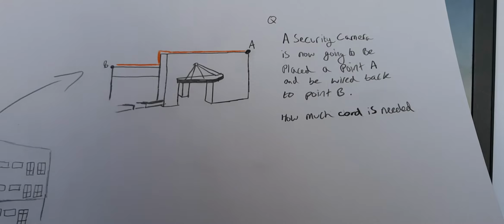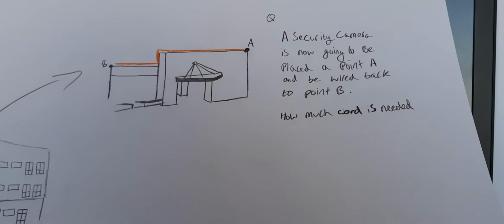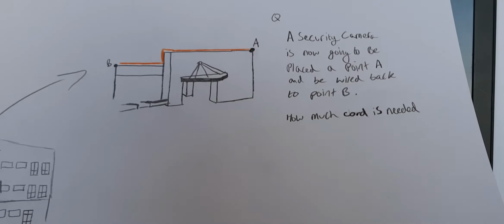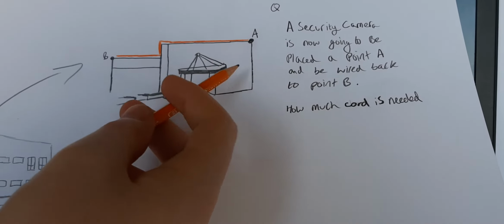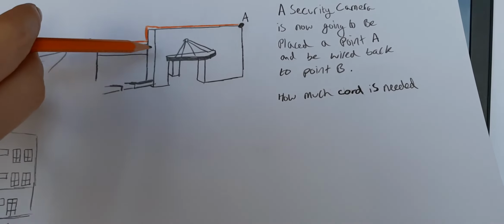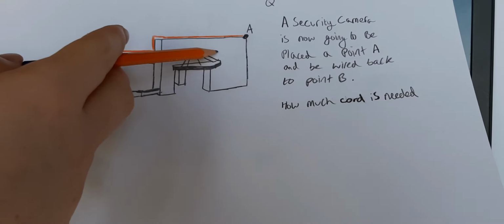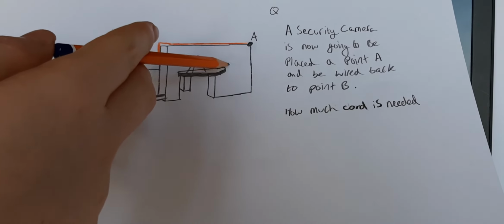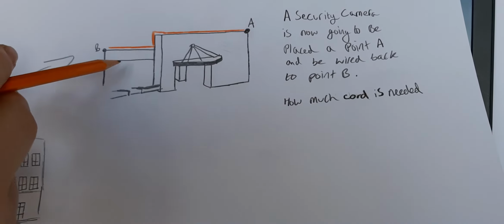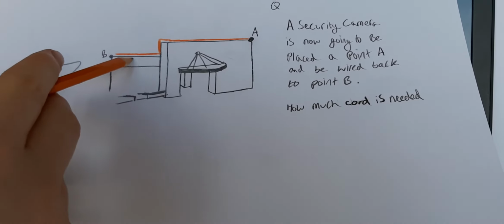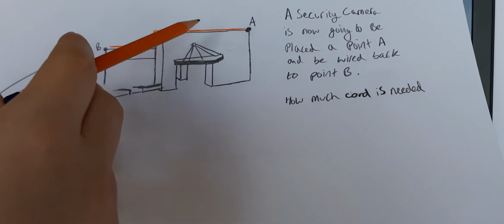This question involves the students doing two true shapes. First of the front view of the building, of this part here. Then the students have to do another true shape of this part here of the building.